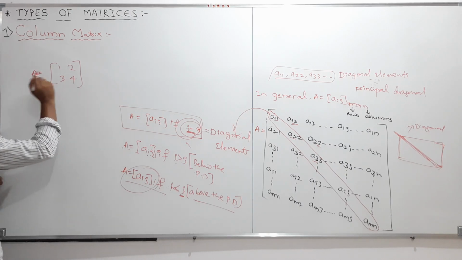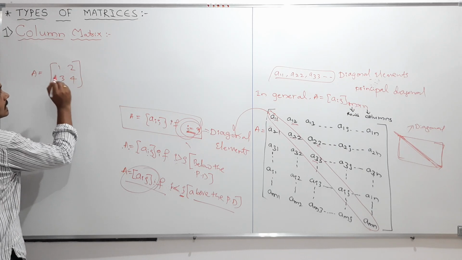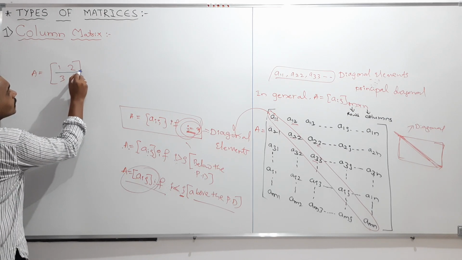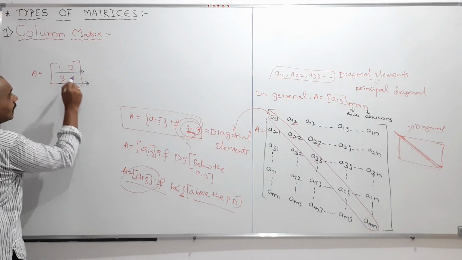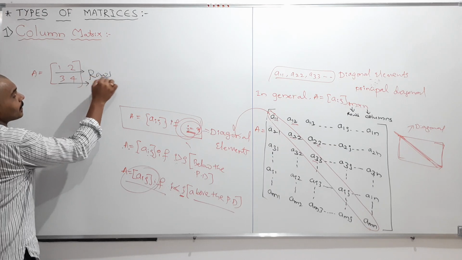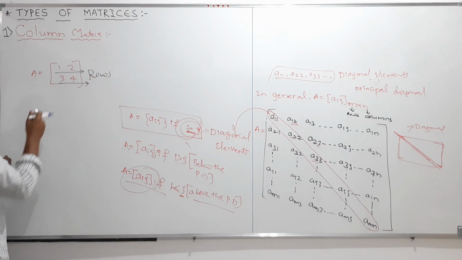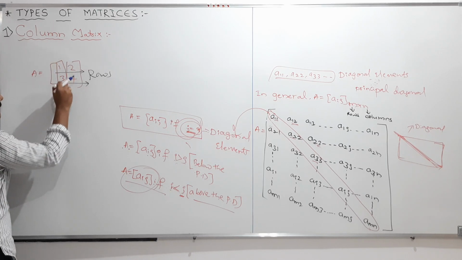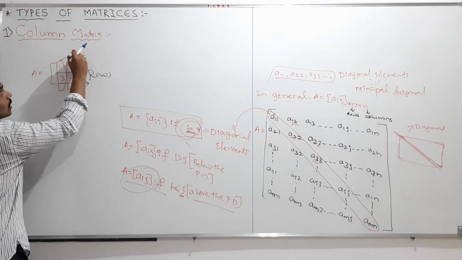So my dear students, if I have this one matrix, in this matrix the horizontal line constitute the rows, and we discussed the vertical lines constitute the columns.